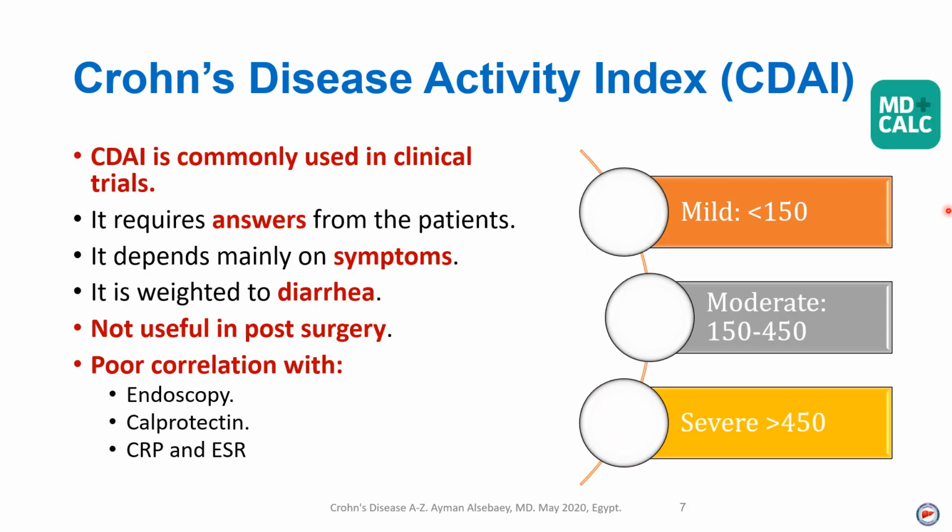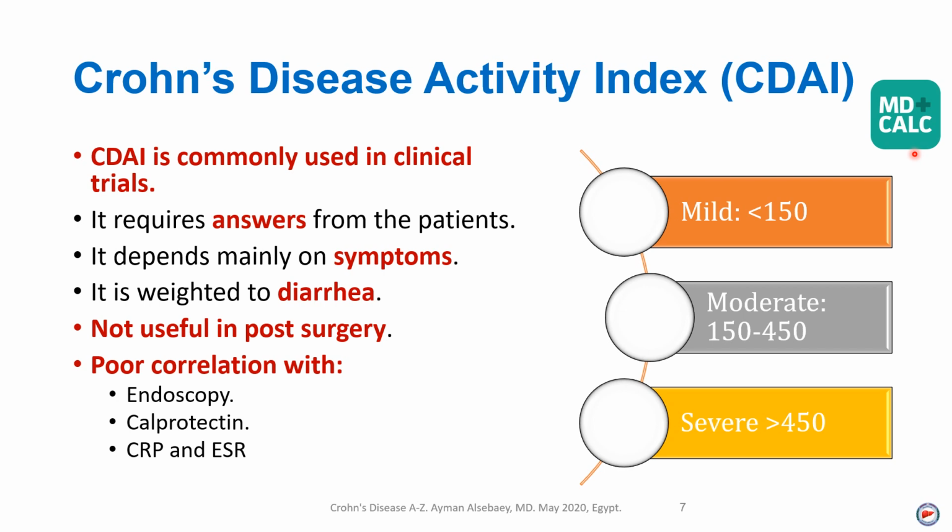By this score, we will classify the disease into 3 grades: mild grade, in which the score is less than 150, moderate, and severe, in which the score is more than 450. Okay, so in the treatment plan, I will ask you from the start, severe or not severe. Okay, CDAI score more than 450 or less. This is to be easily understood.